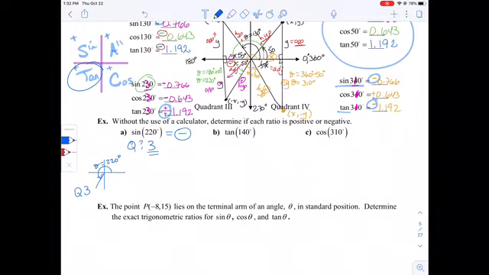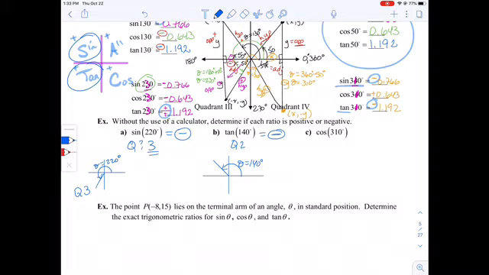Okay, tan of 140, well, 140 degrees, that means I'm in quadrant 2. If I think about that terminal arm, theta would be 140 degrees. And I know in Q2 that tan is negative because the only one that's positive there is sine. So I know that tan is also going to be negative in Q2.